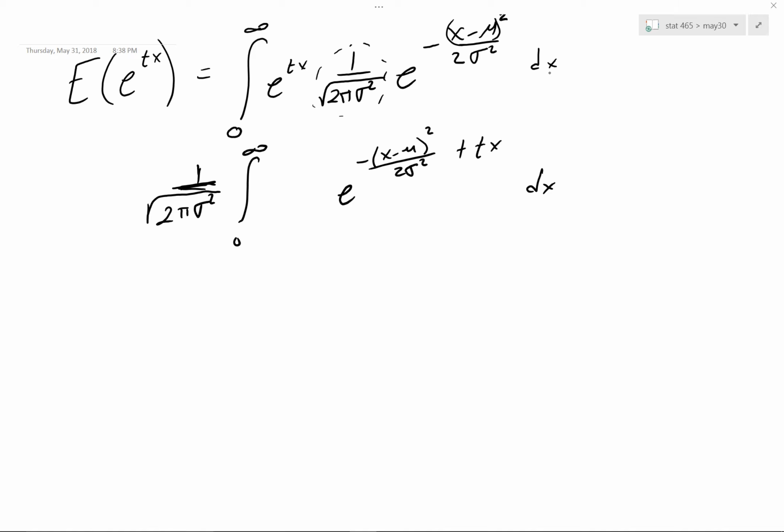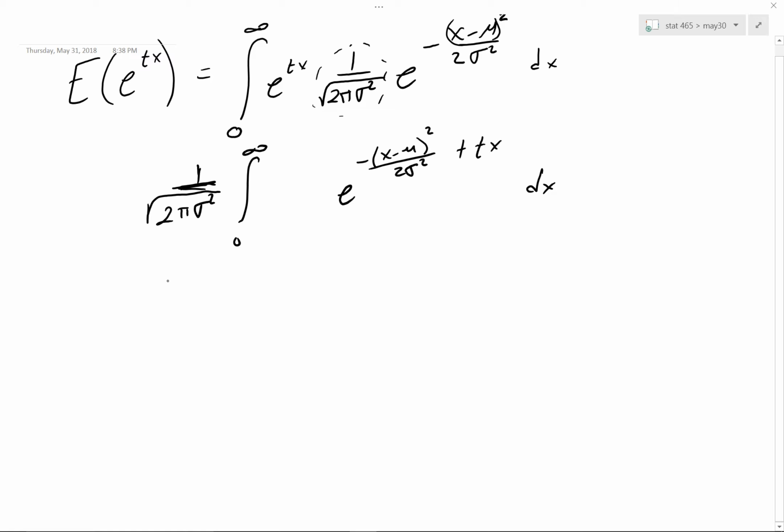I think what I might want to do, though, is to realize that in this situation up here, the 1 over 2 sigma squared in the bottom there is just a constant. So when I take the derivative with respect to x, and when I take the integral with respect to x, that part doesn't change per se. It's not going to be all weird on us or anything.